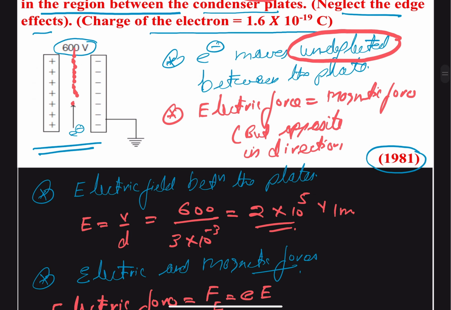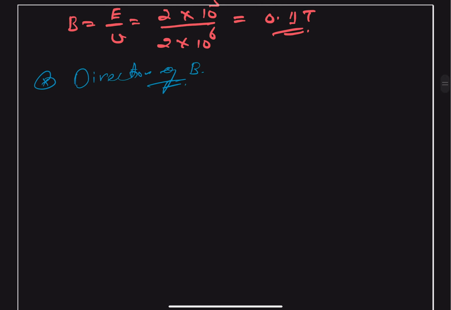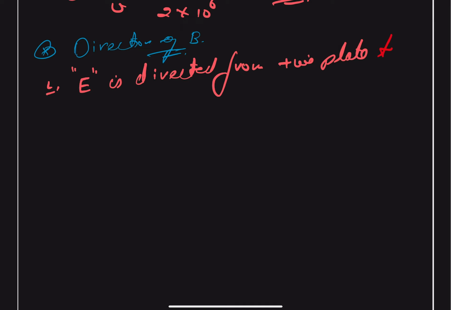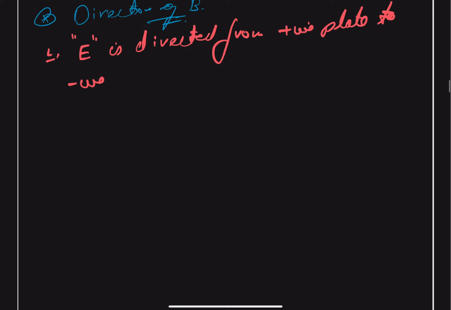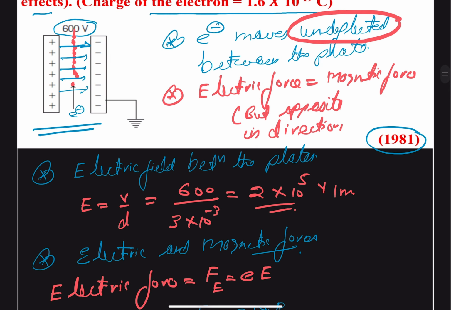So you can say electric field is directed from positive plate to negative plate, and let us call this the positive x-axis. Okay, so this is our x-axis and this is our y-axis.